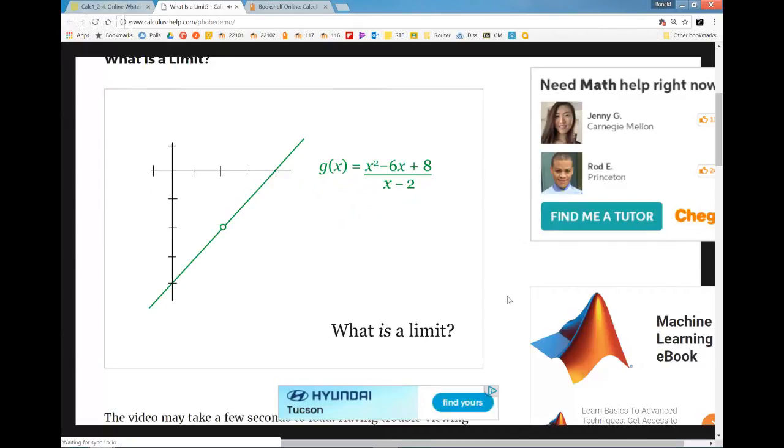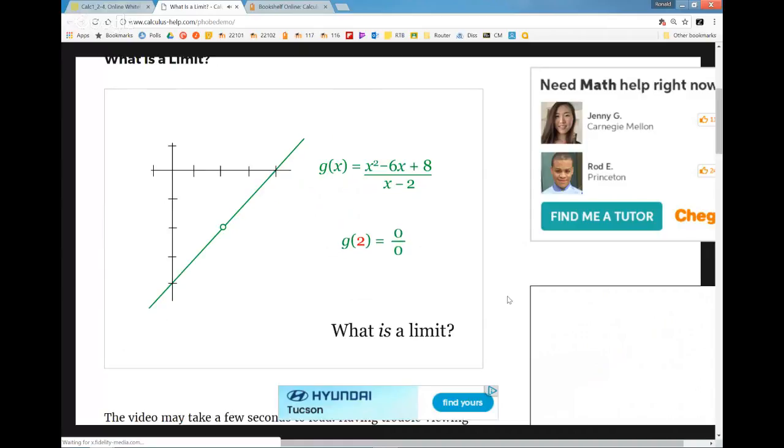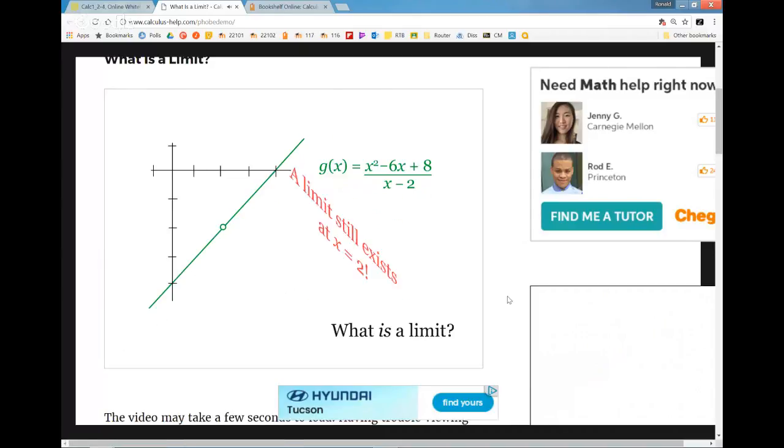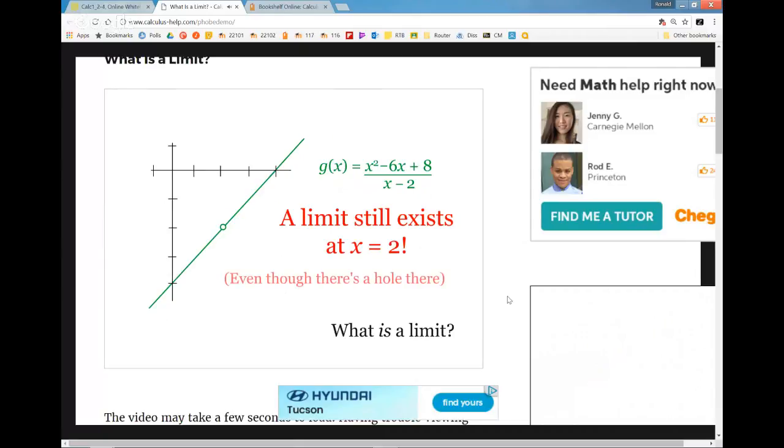The hole exists because plugging x equals 2 into the function results in 0 divided by 0. And we know that dividing by 0 is a very bad idea. It breaks mathematical laws that we really can't even get into here. However, though this graph has a hole in it, it still possesses a limit when x equals 2.